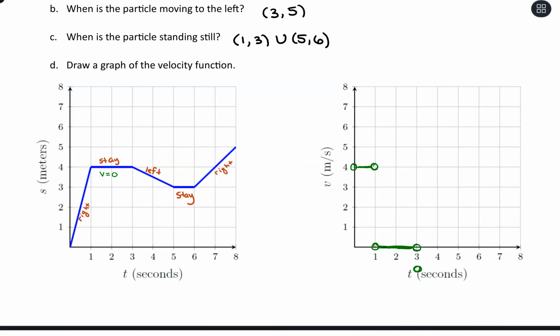So just for the sake of having our graph complete, I'm down here at -1/2. And then we're back to staying still from 5 to 6. So no velocity there. And then from 6 to 8, looks like a slope of +1. So we're going to be traveling at 1 meter per second across there.